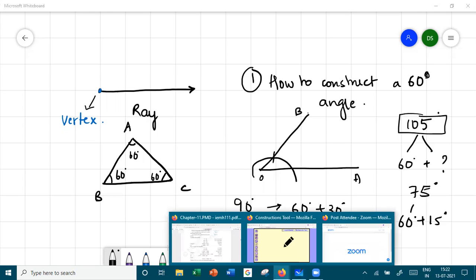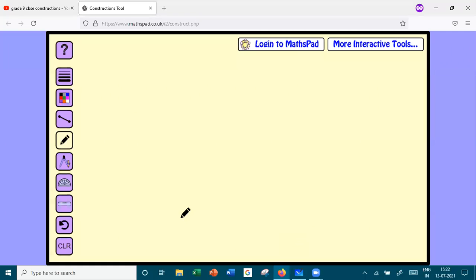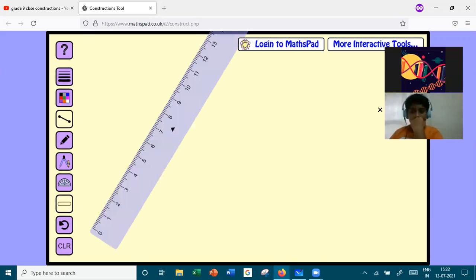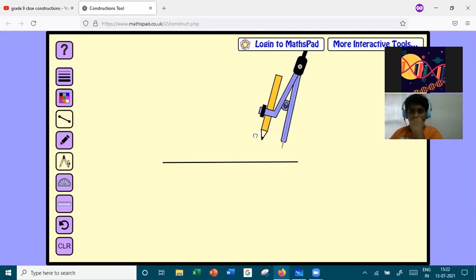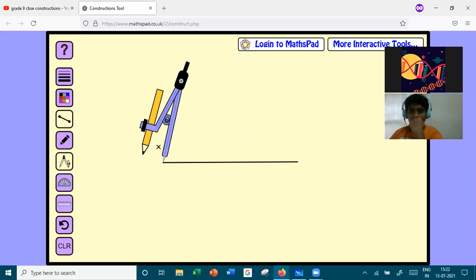Okay, now that we made 60 degrees, let us see how to create an angle bisector, right? Okay, so I'm quickly drawing it here. You can draw a 60-degree angle again, or maybe we can just take any random angle, for example, right?